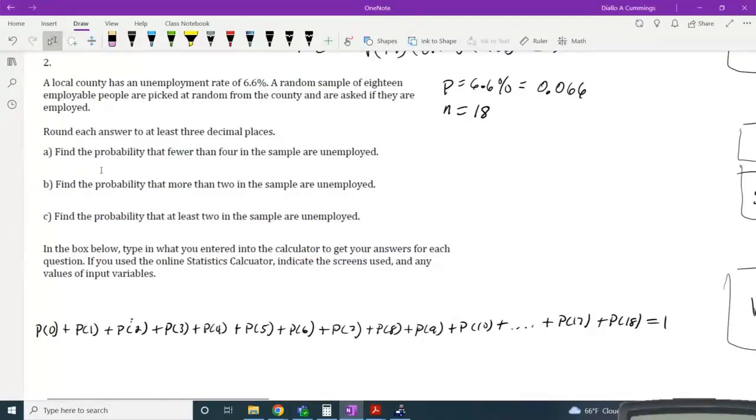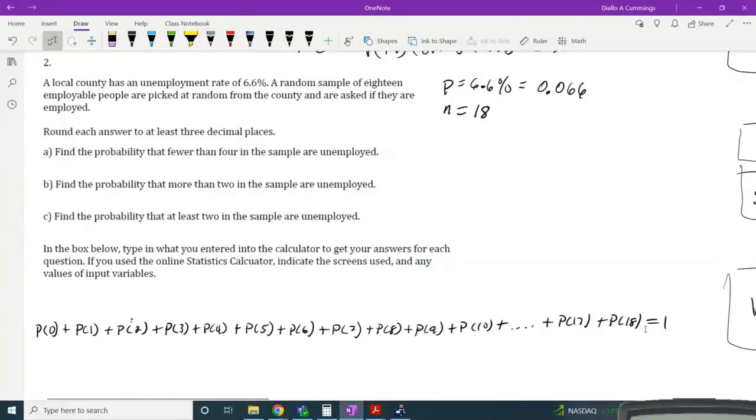So A says, find the probability that fewer than 4 people in the sample are unemployed. So what I have down here is all 18 trials, right? Probabilities for 0 people being unemployed, all the way up to the probability of 18 people selected being unemployed.